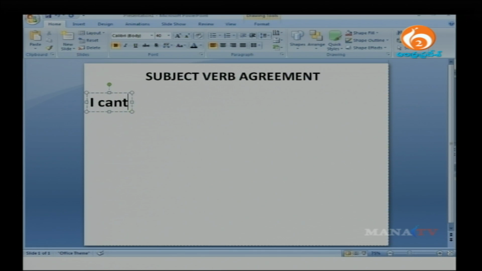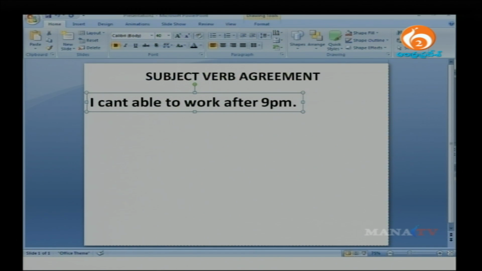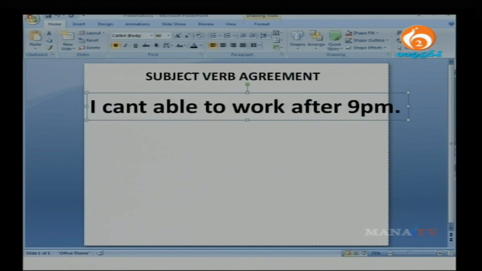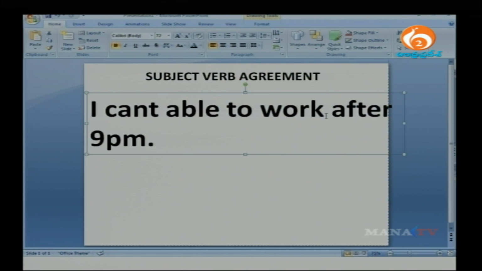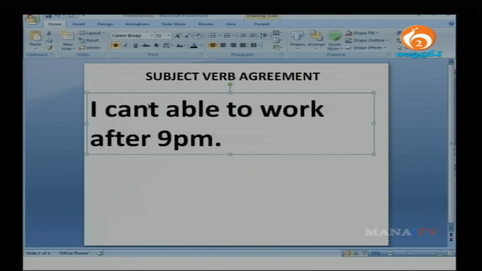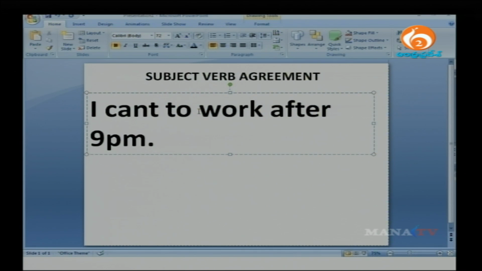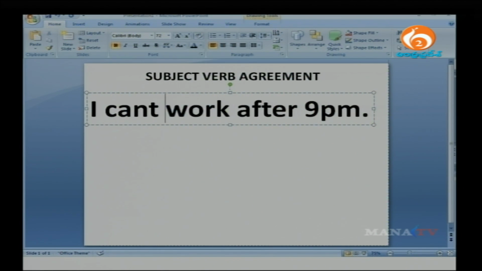Or they say, I can't able to work after 9 p.m. Now, the word can't is an ability, you already have the word able. So, you don't need the word again. I can't work after 9 p.m.